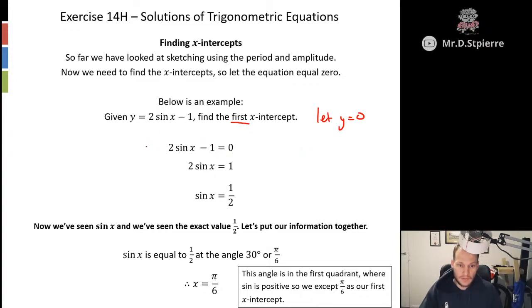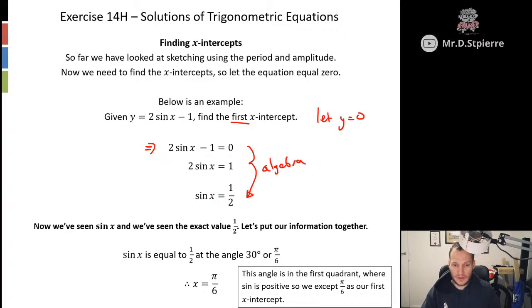So it follows that 2 sine x minus 1 is equal to 0, and we just use our standard algebraic process. We're using algebra to solve that, and we now get sine x equals half. Now that's going to be one of the memorized angles.